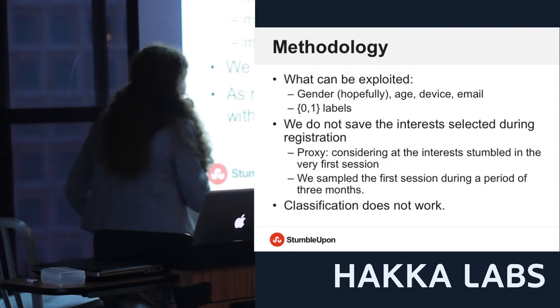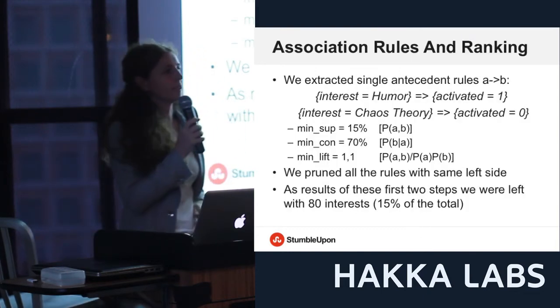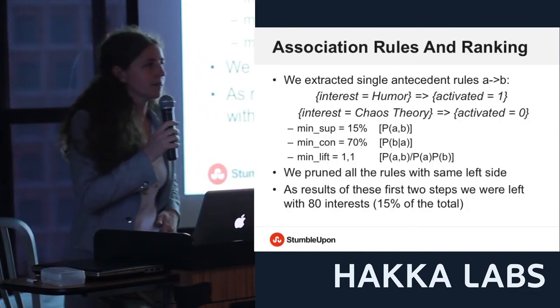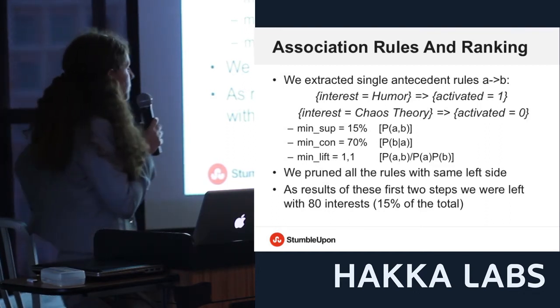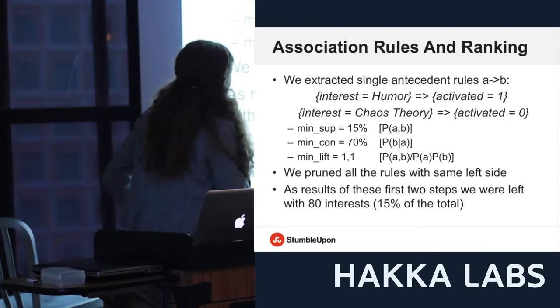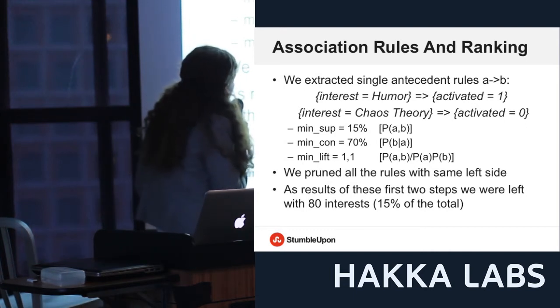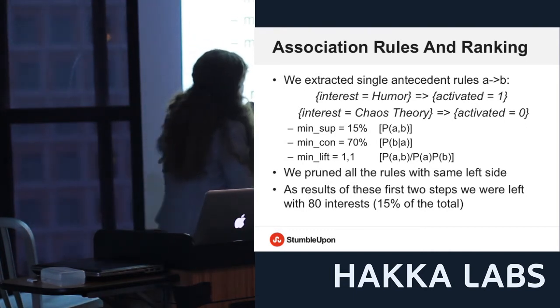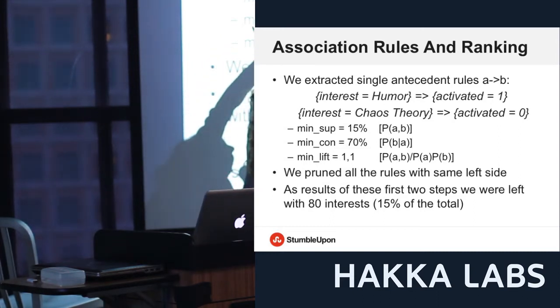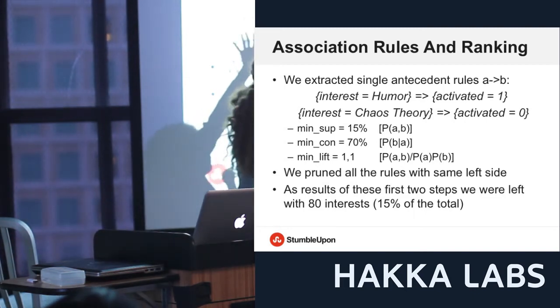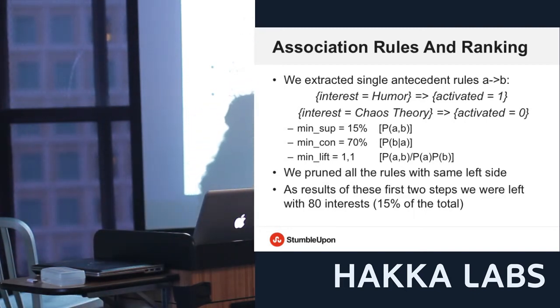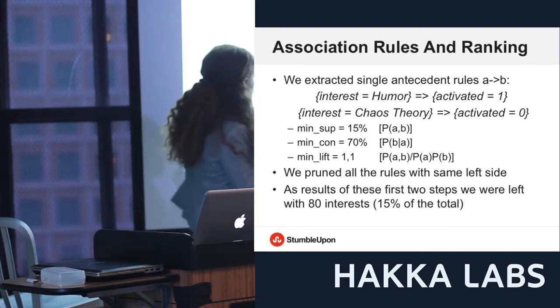So what we did was something a little bit different. We cast the problem as an association rule problem. I think most of you are familiar; it's quite used. So we said, OK, let's extract all the rules that say interest humor activated equal 1, interest chaos theory activated equal 0, and so on.